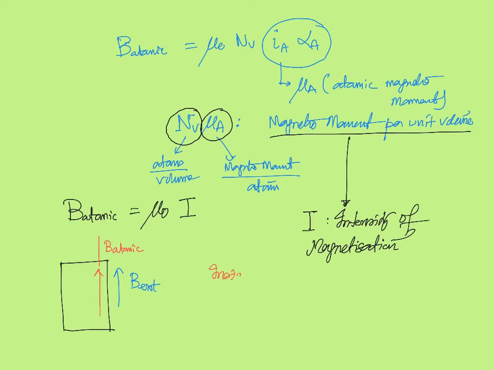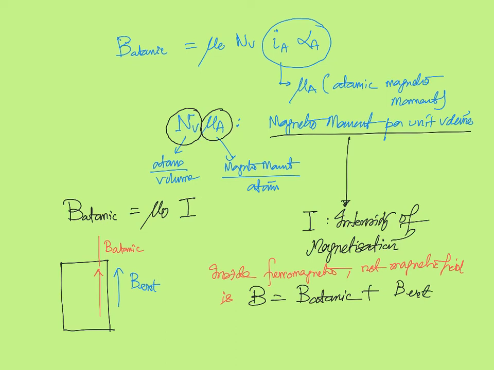So inside the ferromagnetic, the net magnetic field happens to be B is equal to B atomic plus B external. Actually, you will be surprised to know that this B atomic is much higher than B external. B external is nothing when compared to B atomic.